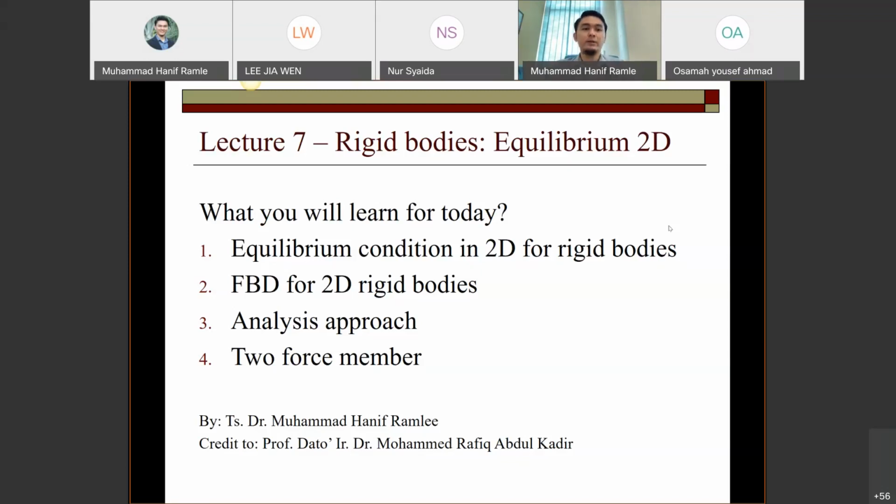Number three is the analysis approach. Once you have the FBD, you can analyze the rigid body: find the moment, the forces, the unknowns. And the last one, we are going to learn about two force members.